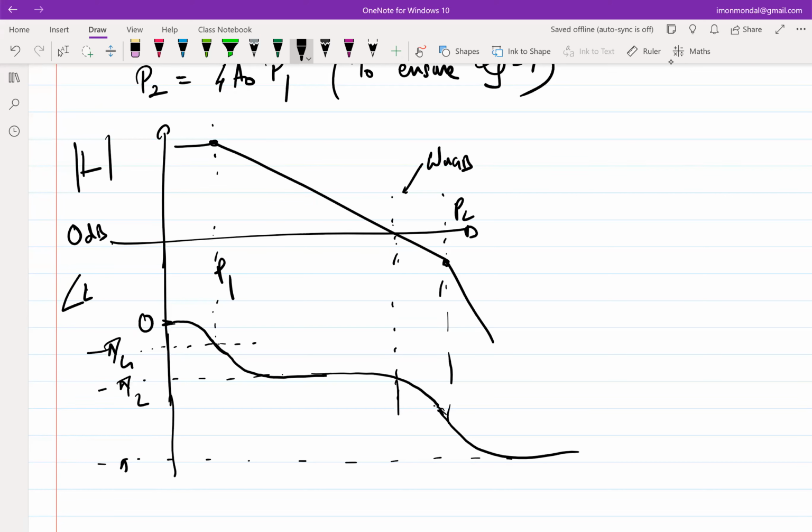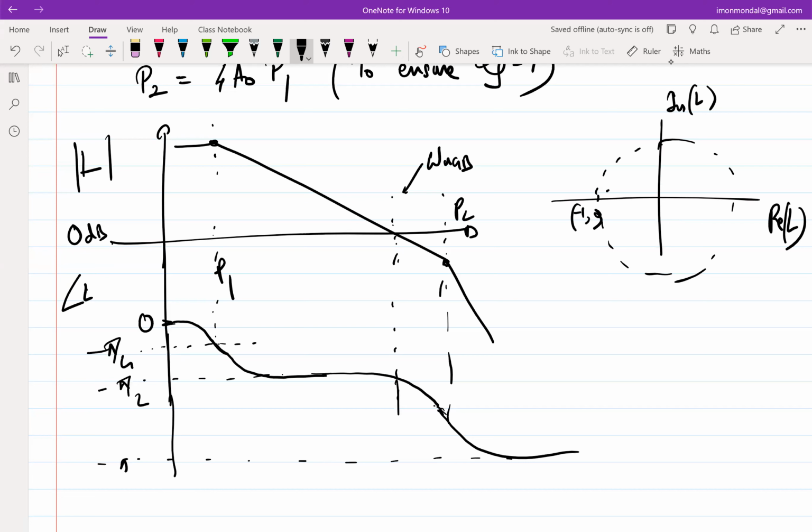In the Nyquist plot, if I plot this real L, imaginary L, and this is my -1 point, what should it look like?